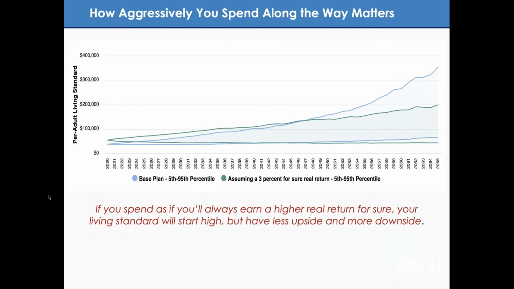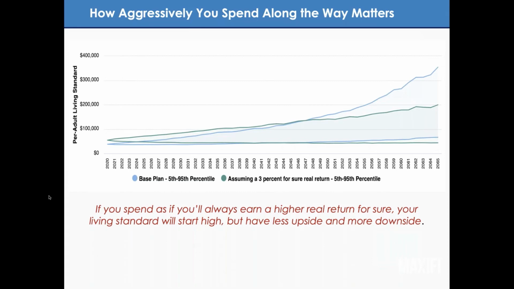Now here I want to talk to you just briefly about the issue of aggressive spending. The green curve refers to what would happen in terms of the 5th percentile curve and the 95th percentile curve if Mary and Sam were to spend aggressively through time. If they spend aggressively, they're going to spend higher in the beginning.